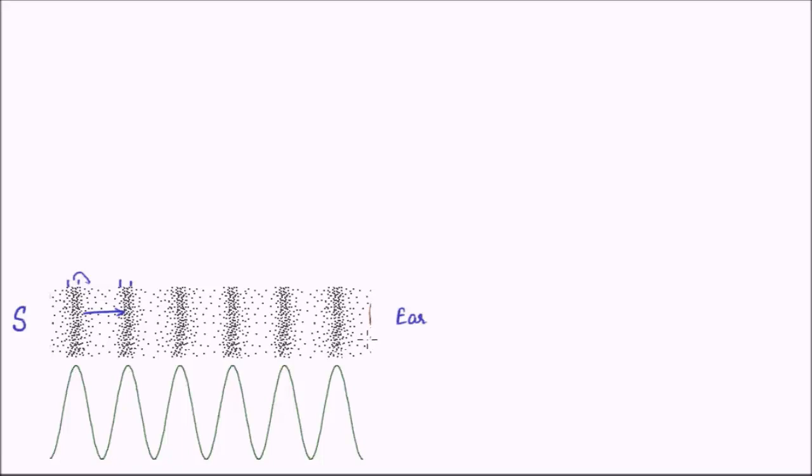So is there some restriction to the range in which we can hear sound? As it turns out, there is a restriction, and the restriction is in terms of frequency. Frequency is the number of vibrations that the source has per unit second.